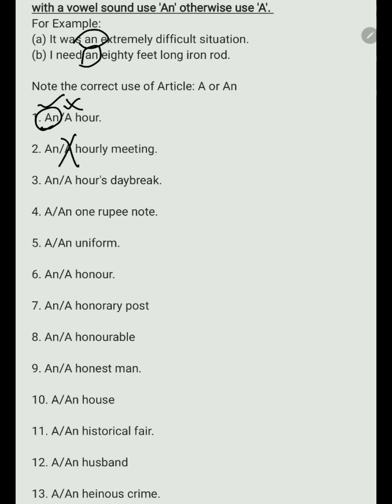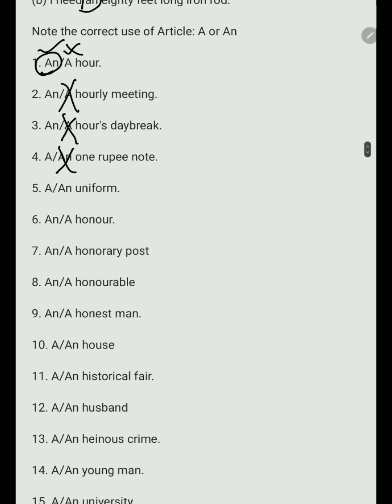Yes, we will use an hourly meeting. What about an hour's daybreak or a hour's daybreak? Again, we will use an hour's daybreak. Will we use a 1 rupee note or an 1 rupee note? Of course, we will use a 1 rupee note.